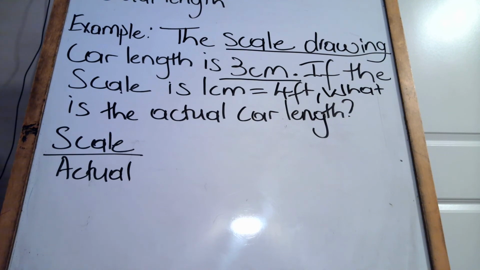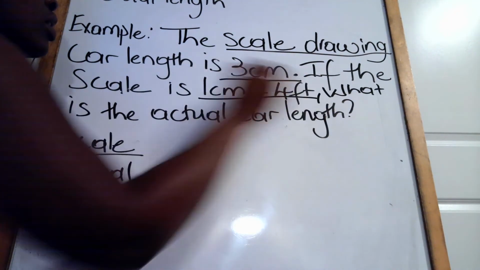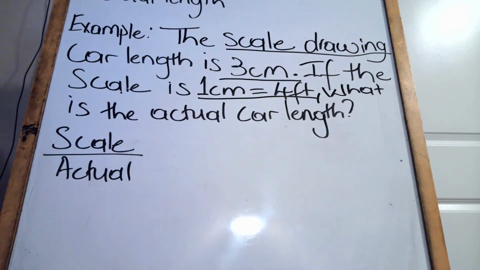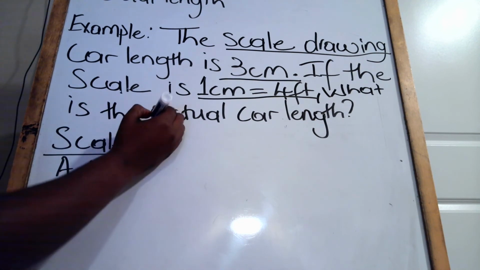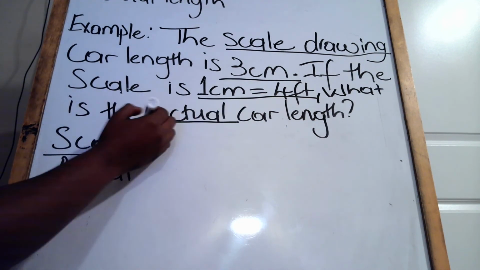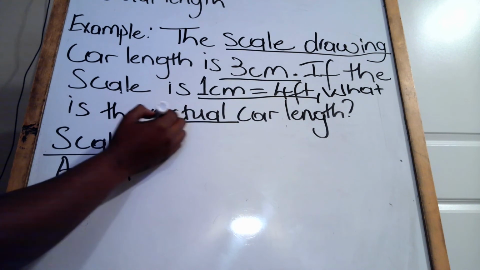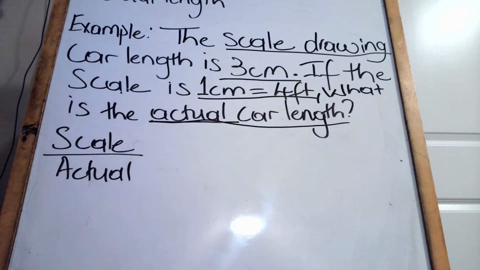It tells you that's the scale drawing length. It says if the scale is 1 centimeter equal 4 feet. What is the actual car length? So we want to find the actual car length.